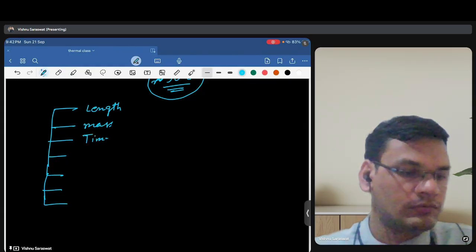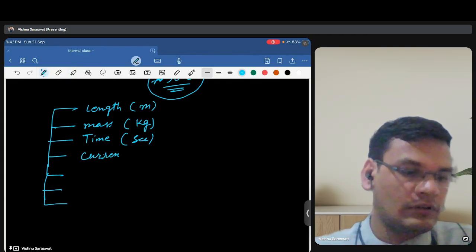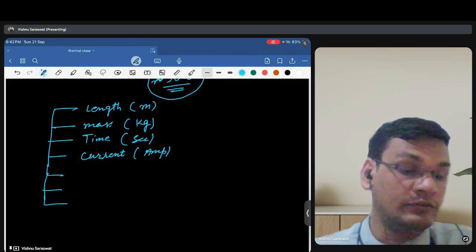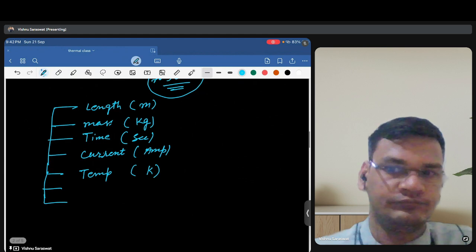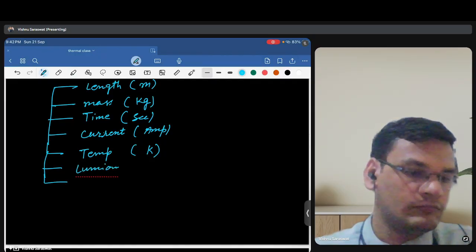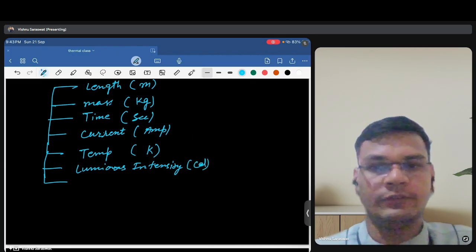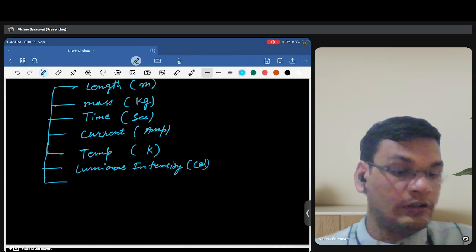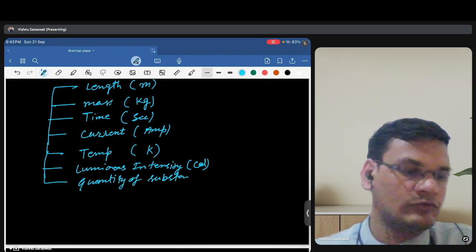You can note down: the unit of length is meter, mass is kilogram, time is second, current is in ampere, temperature in Kelvin, luminous intensity is candela, and quantity of substance is mole.